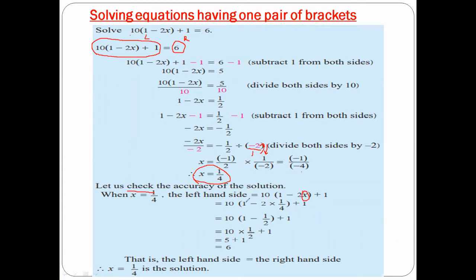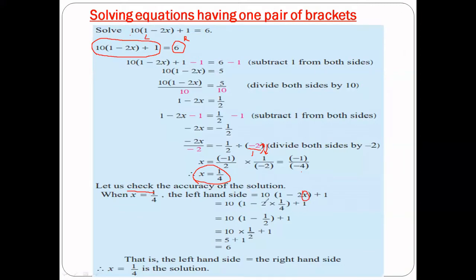10 brackets 1 minus 2x. 2x means 2 into x. What is x? x is 1 over 4. Bracket plus 1. That way you can substitute.